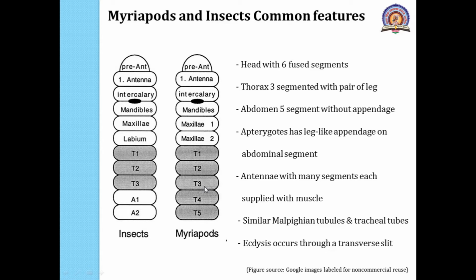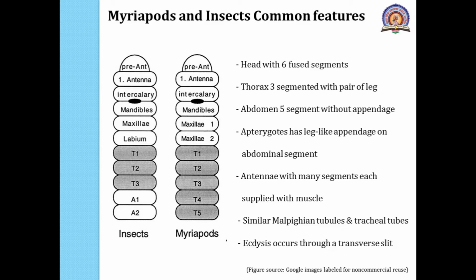Then the abdomen of about 5 segments is without any appendages. In the insects, it is well known that the appendages are completely lost from the abdomen, except in some pterygote insects, where they are known as vestigial legs. Such a nature is also found in the early stages of the myriapods.